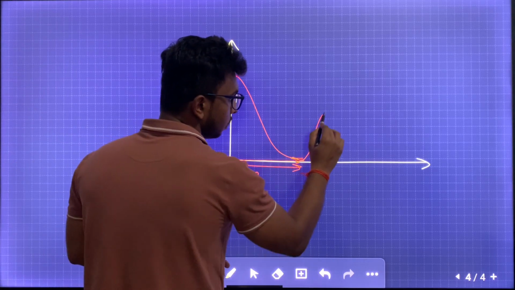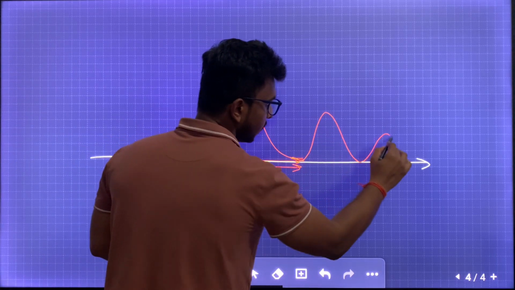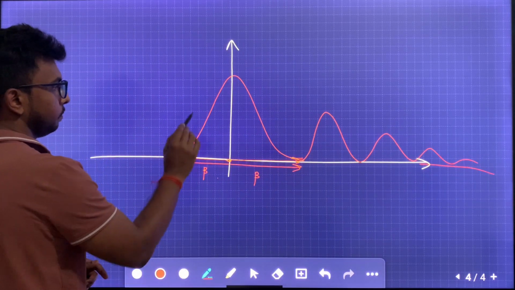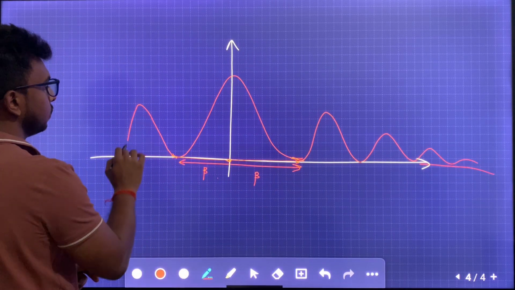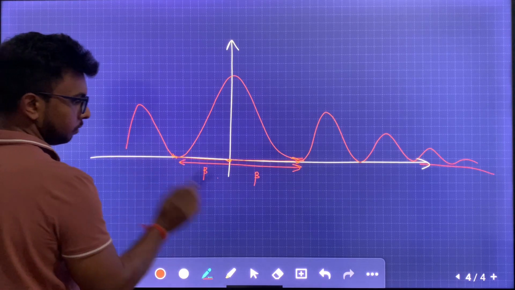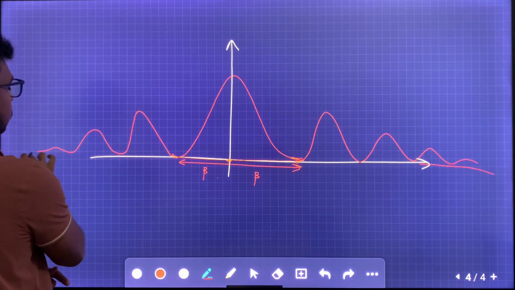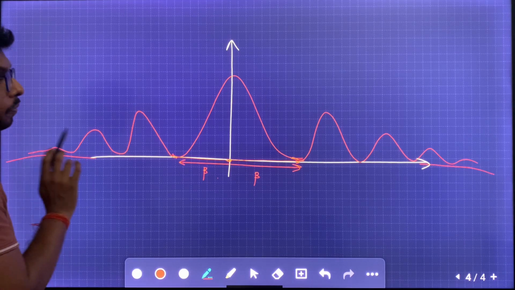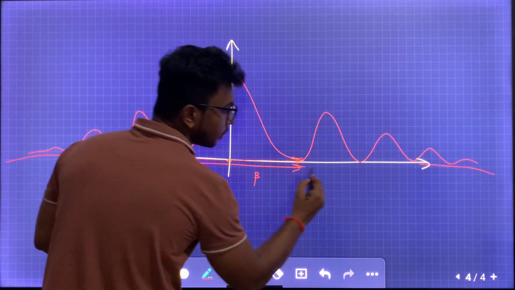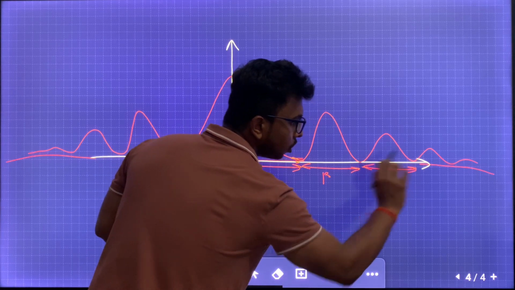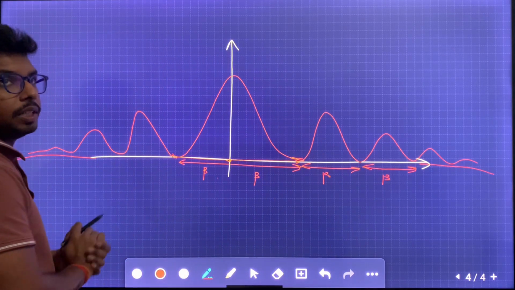Now, this is the first maxima, second maxima, third maxima, and so on. And here as well, first maxima, second maxima, third maxima, and so on. Now, this is beta, this as well is beta, and the width of all other maximas is also beta. The intensity falls, but the width remains same.